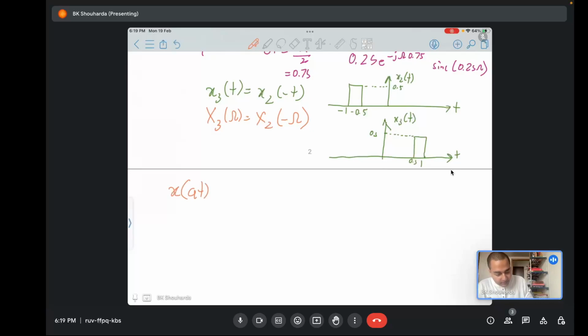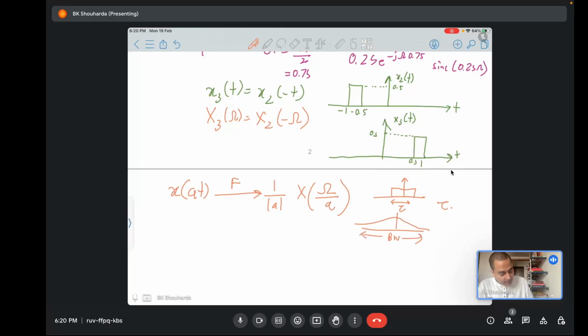The main property behind this is that x of at has a Fourier transform of 1 upon mod a times x of omega upon a, which was our time frequency uncertainty, which meant that if our time is restricted, then the bandwidth increases. Time and bandwidth are in opposite relation. You increase the bandwidth, the time decreases. You decrease the bandwidth, the time increases. It's like an uncertainty principle.